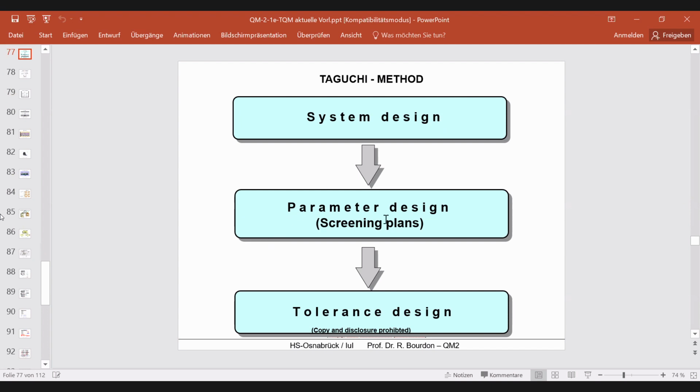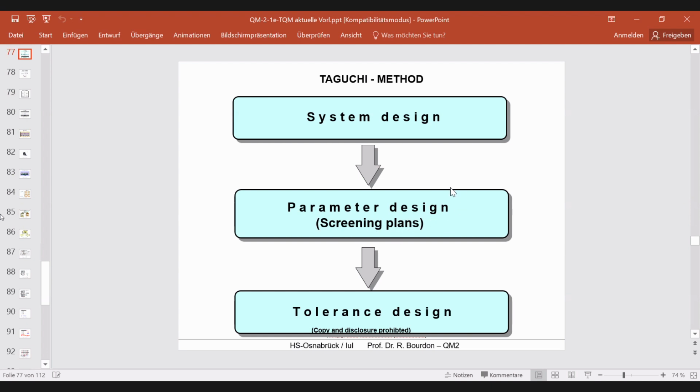The second step is the parameter design, and the parameter design is the experimental design. So you have several parameters on the process, and you are doing a variation with these parameters, and then you are measuring the effects of these variations of the parameters.